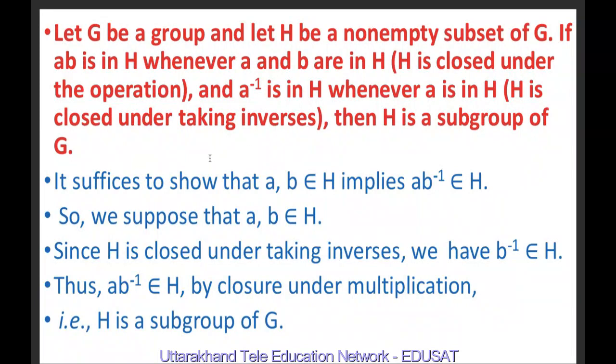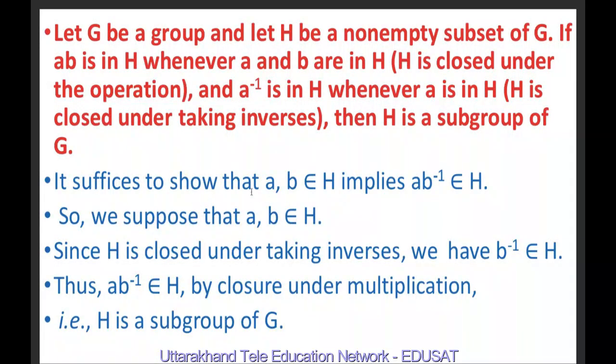So in the last result, we have seen that H will be a subgroup of G, it is already given to be non-empty, if a b inverse belongs to H whenever a and b belong to H. So we will use that result to prove this theorem.